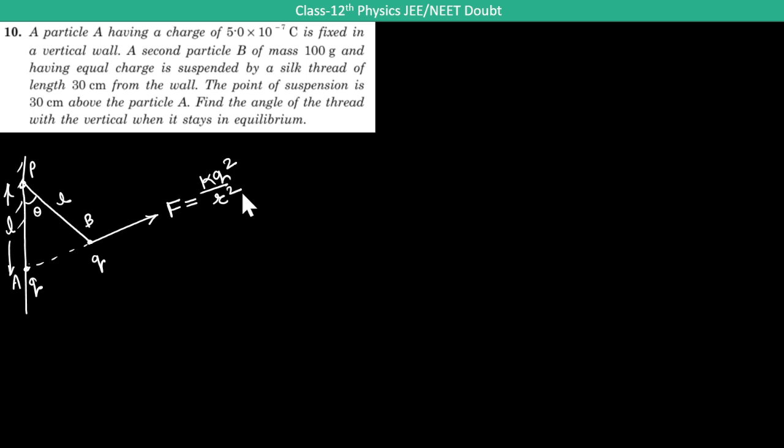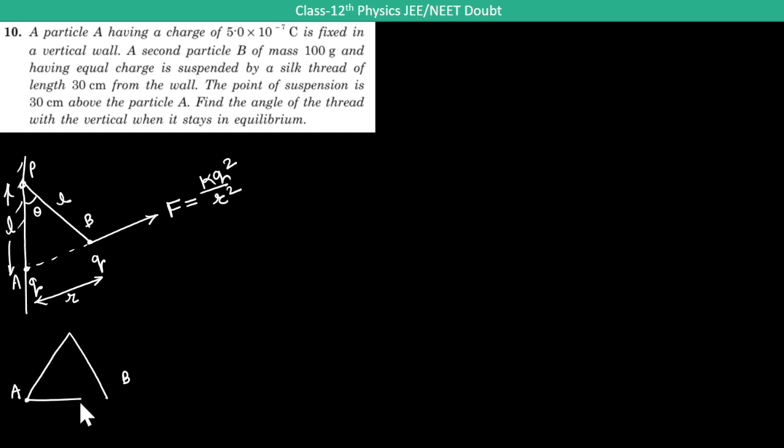And what is this R? R is the base of this isosceles triangle. This is one isosceles triangle, and we are considering its base as R. This is point A and this is point B.